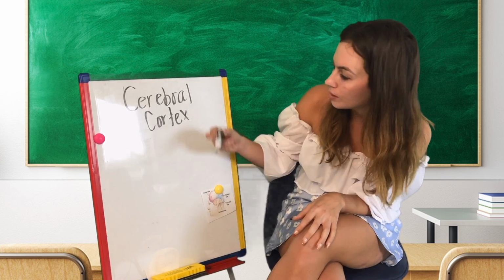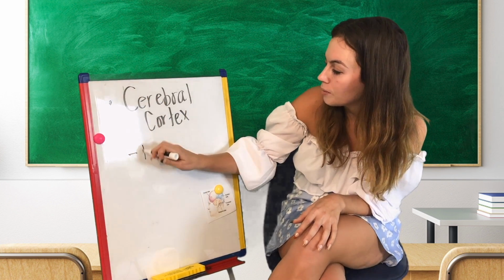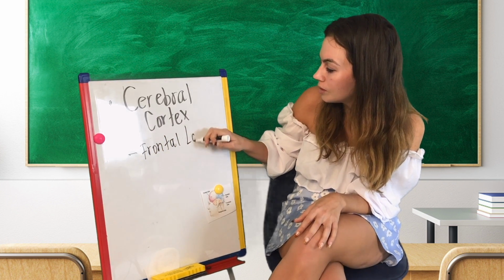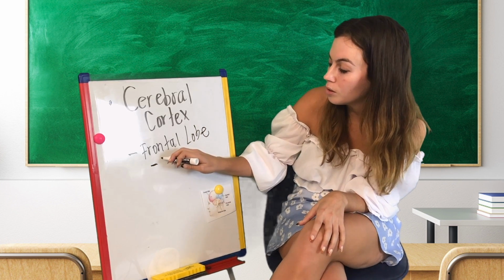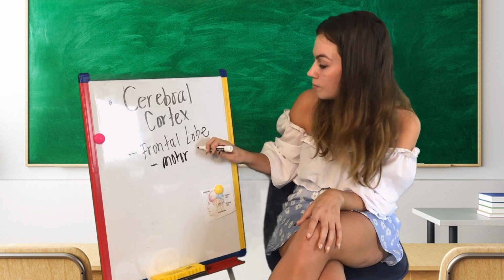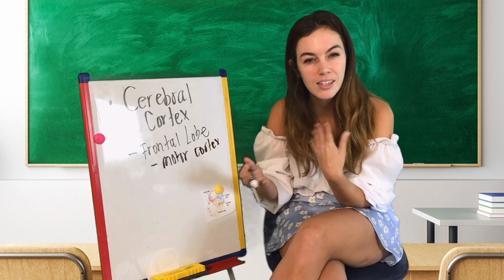So I'll just write that down. We've got the cerebral cortex. Within that we have the frontal lobe, which is A here. And within the frontal lobe, we have the motor cortex, which is controlling those voluntary movements.